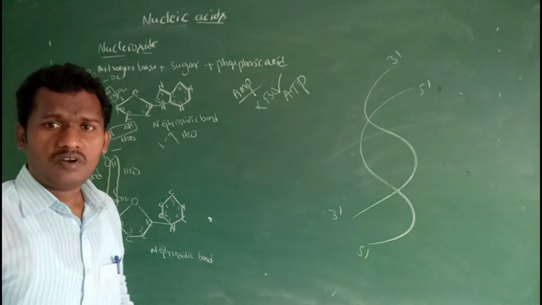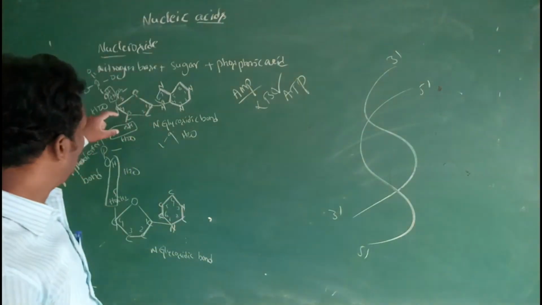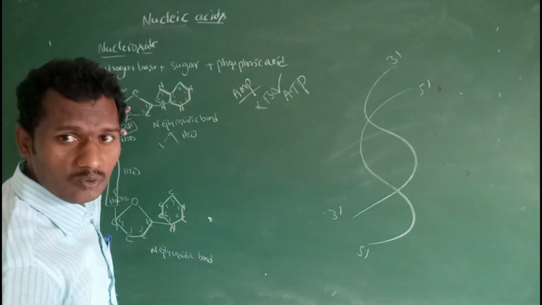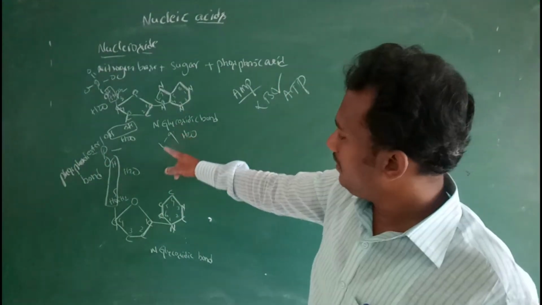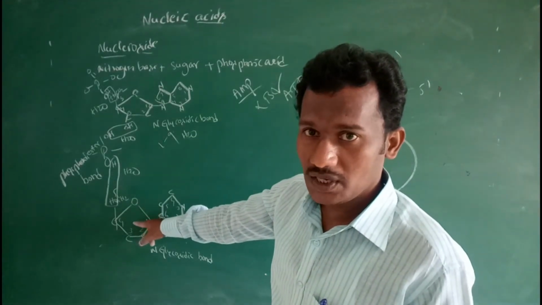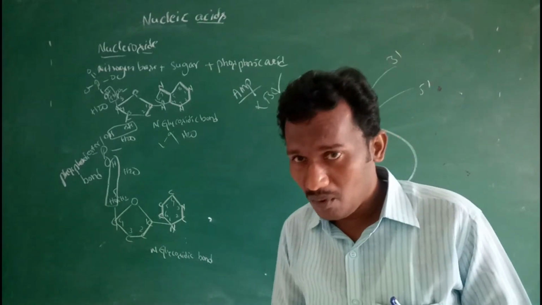Generally, phosphoric acid, the phosphate moiety, joins with the pentose sugar at the 3rd carbon position through the OH group in the sugar. The same phosphate moiety joins with the neighboring sugar at the 5th carbon position by 2 ester bonds, with elimination of 2 water molecules.